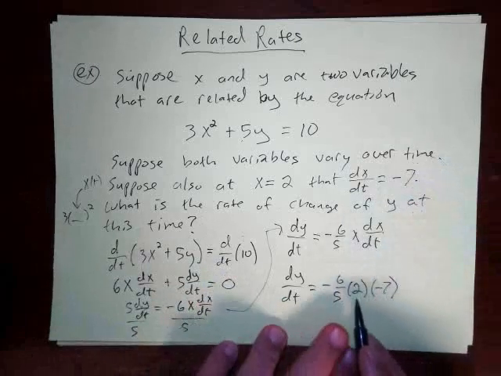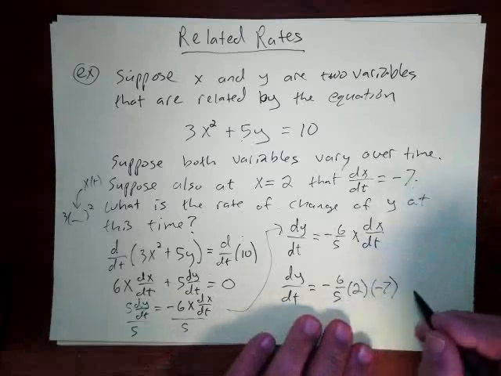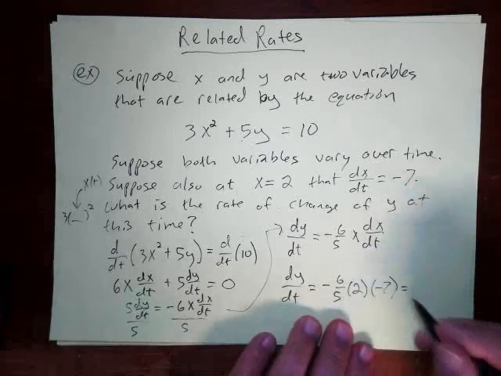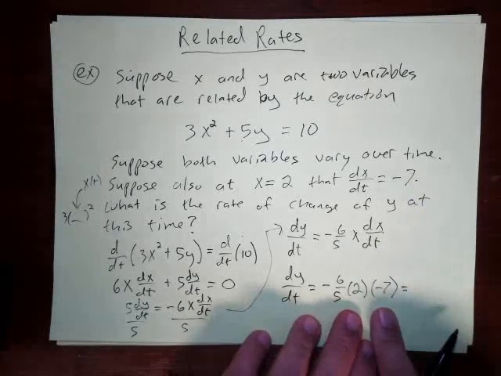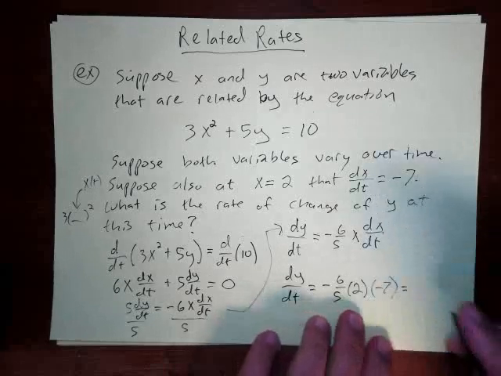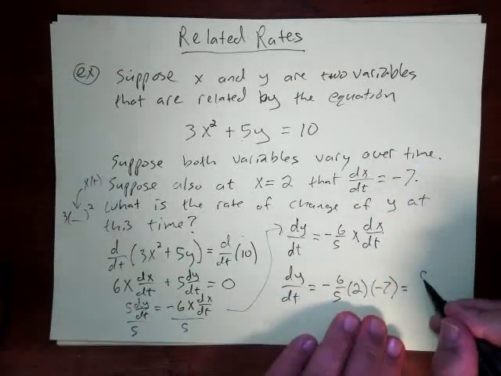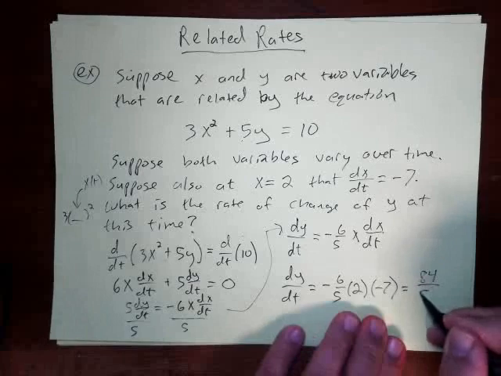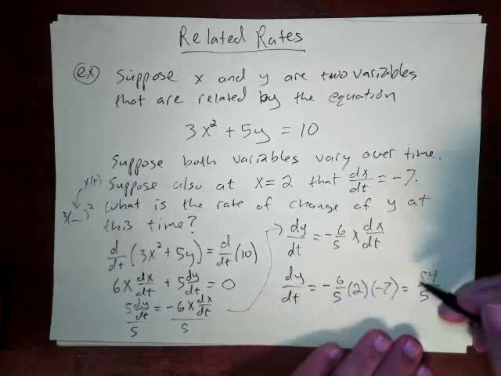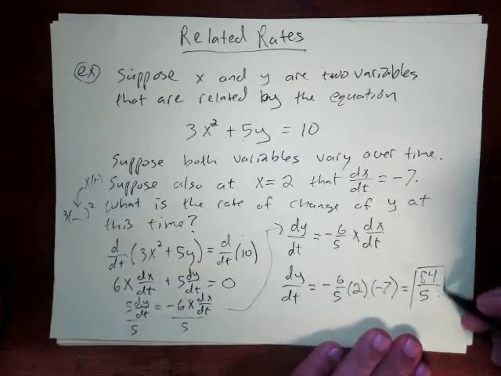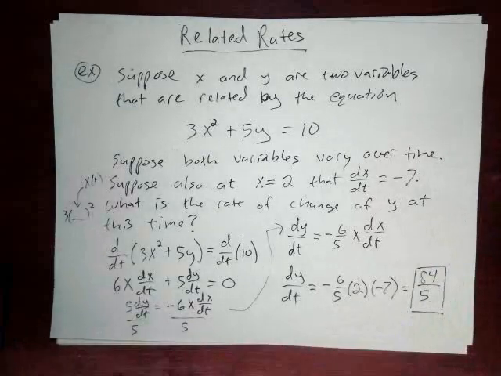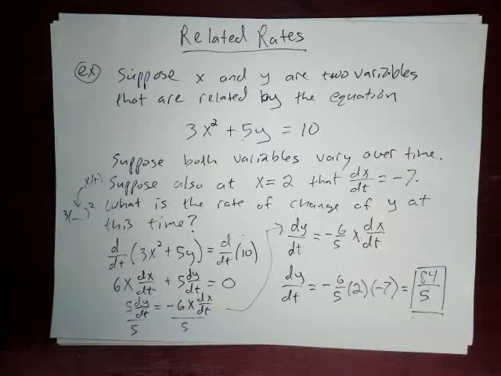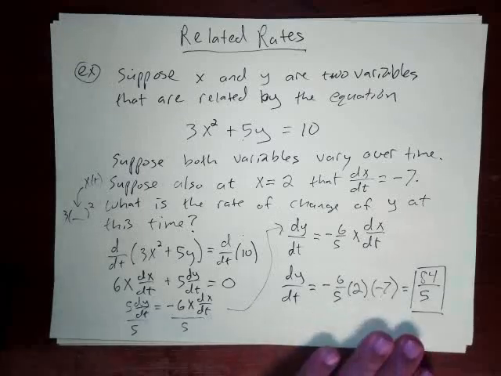So -6 times 2 is -12 times -7. 12 times 7 is 84, and the two negatives cancel out, so I get 84/5. Okay, and that would be the dy/dt. That's the rate that it's looking for.